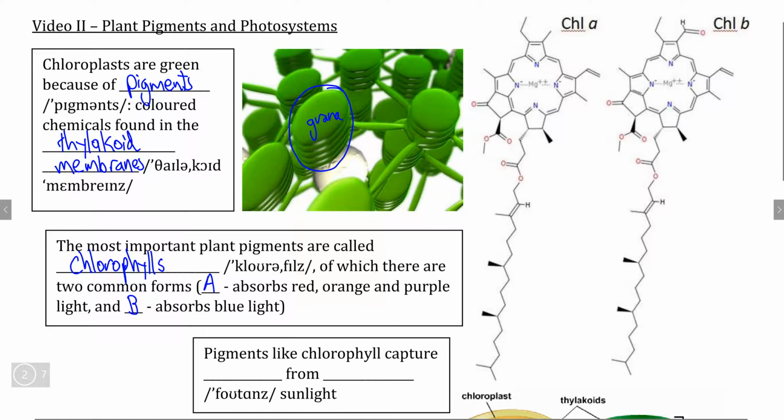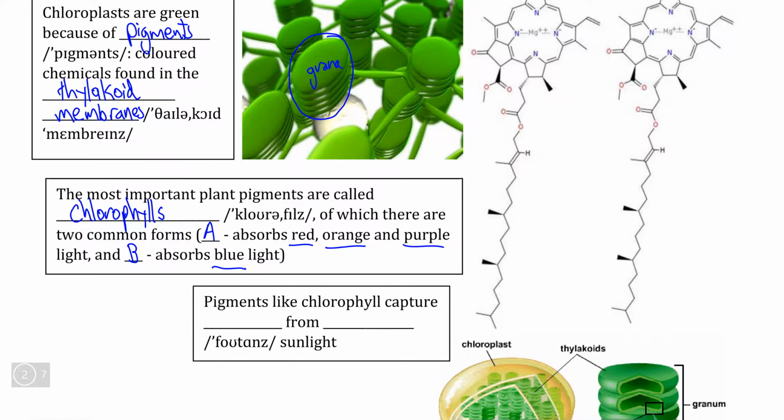For example, chlorophyll A is more specialized at absorbing light in the red, orange, and violet wavelengths, while chlorophyll B is specialized in absorbing light in the blue wavelengths. So it's pigments like chlorophyll, but of course not limited to chlorophyll, whose responsibility it is to capture energy from the particles of light that we call photons that strike the surface of a leaf.